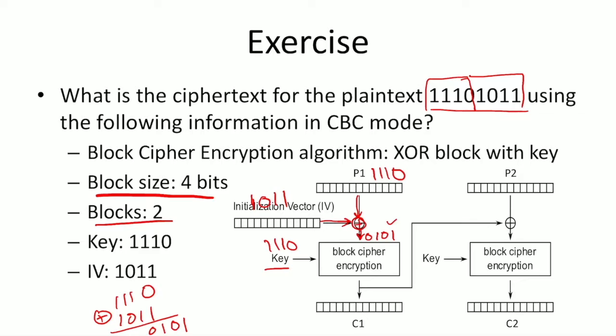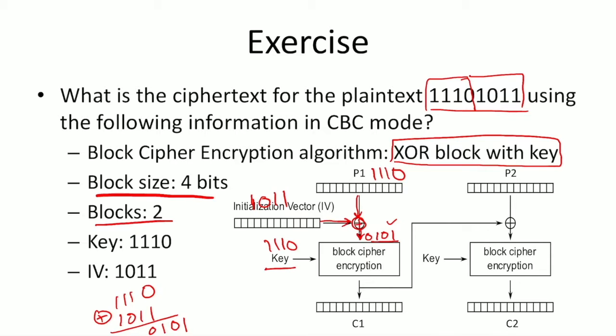Because this is a very simplified example, our block cipher encryption algorithm is simply XORing the block with the key. So we're not really doing multiple rounds and multiple round keys with multiple substitution and permutation steps. All we're doing is taking this block right here and doing an XOR of that with this key.